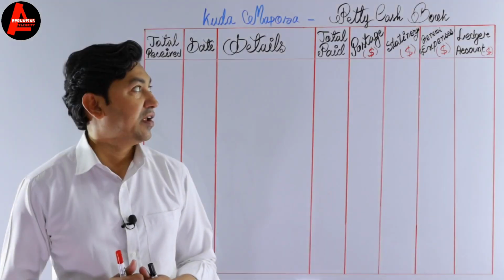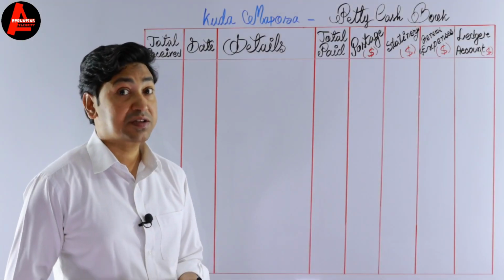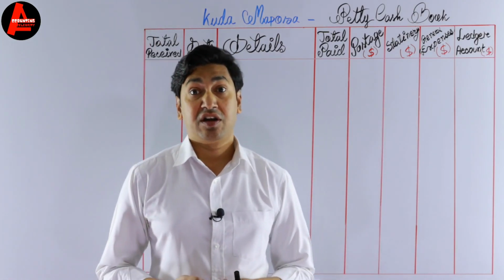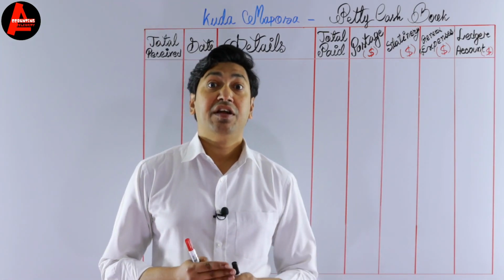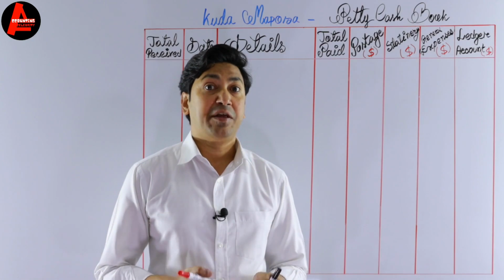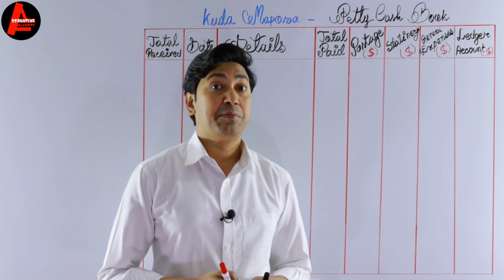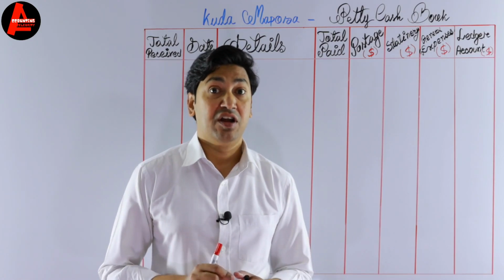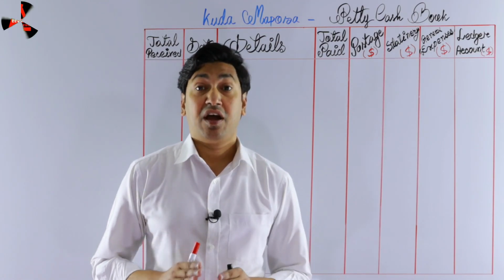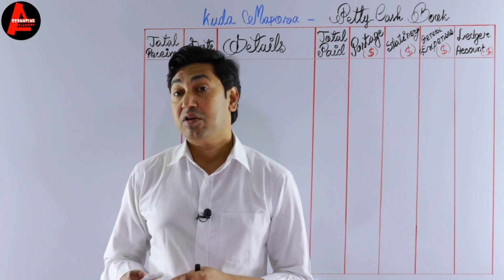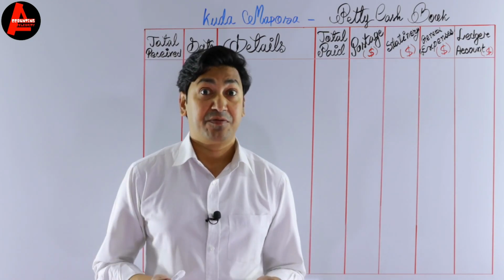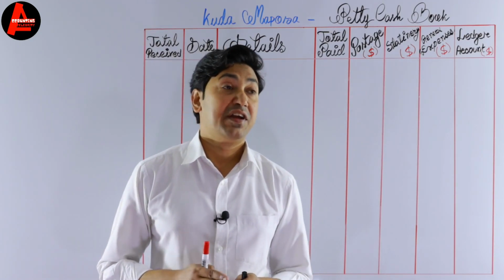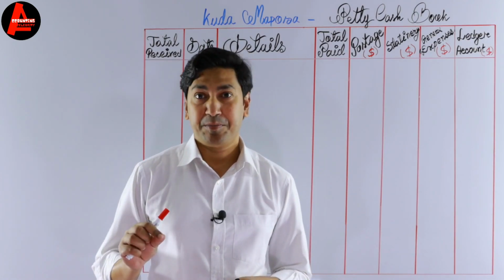In this question, the Imprest amount is $100, so the Imprest amount and the opening balance are the same. Most of the time we get the Imprest amount and the balance different, but here the Imprest amount is the balance.